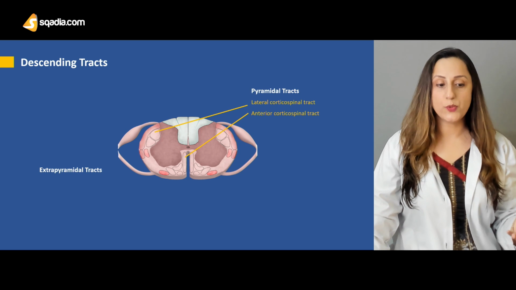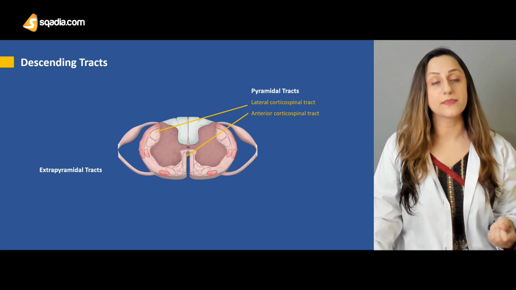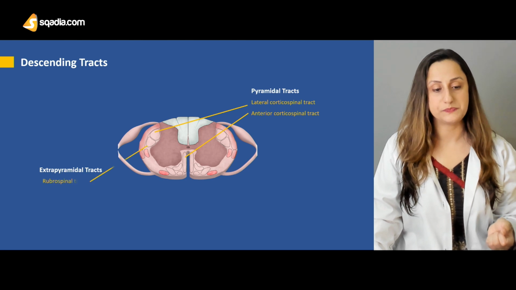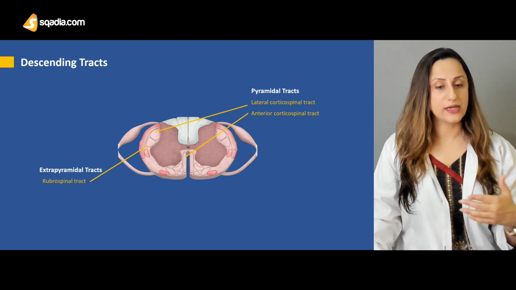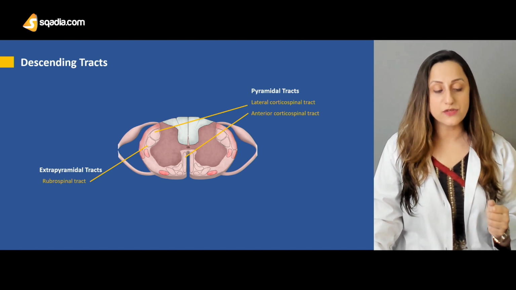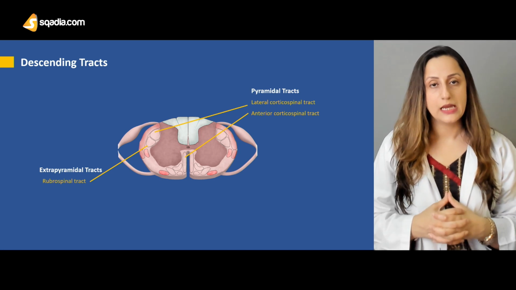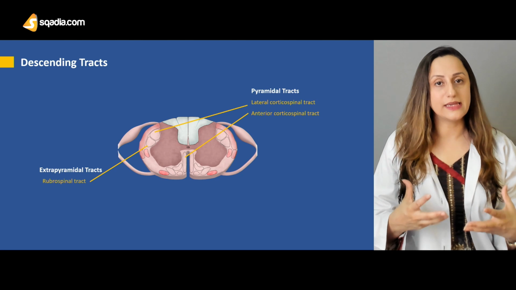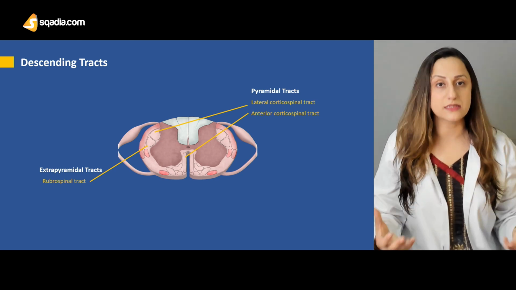And then moreover, we have a group of tracts which are termed the extrapyramidal tracts. Namely, when we come a bit interior to the lateral corticospinal tract, we have a tract which is known as the rubrospinal tract. Now, these tracts are basically sending down different messages to different sets of muscles.